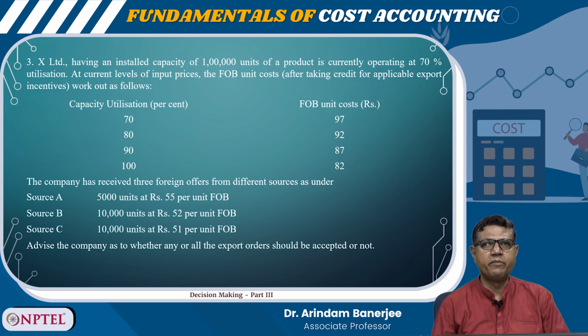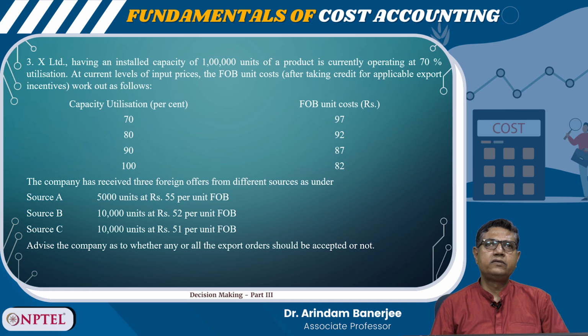Third problem, we are coming to the third problem on decision making, again the export orders. X Limited, having an installed capacity of 1 lakh units of a product, is currently operating at 70% utilization.